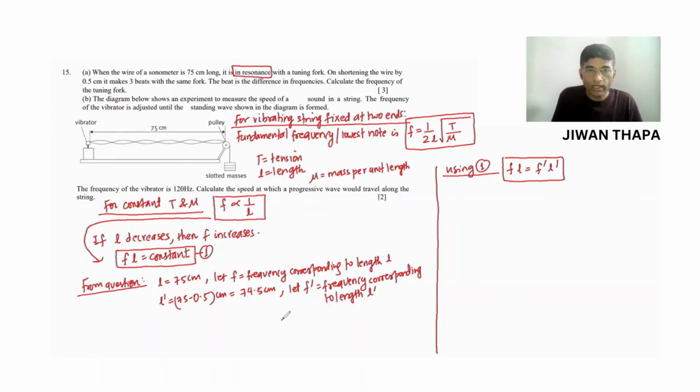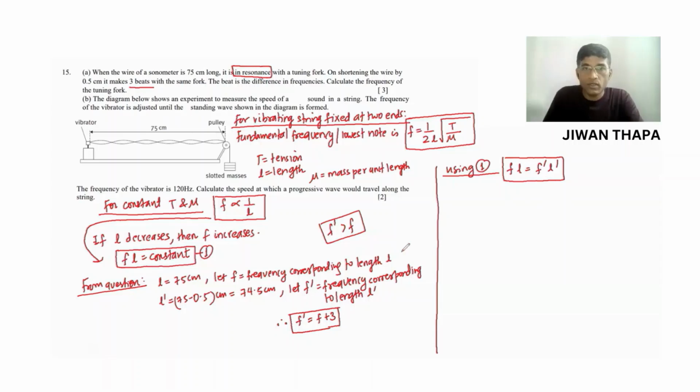Therefore f dash is greater than f. So f dash equals f plus 3, because 3 is the beat given. We have 3 beats with the same fork, and beat is the difference in frequency.